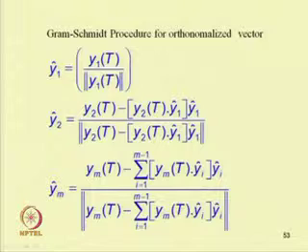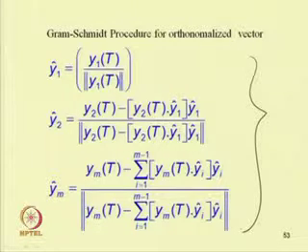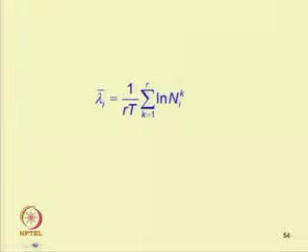So, one can use this orthogonalization: y1 is normalized to be 1, then y2 can be written by using this expression, where this dot is the dot product. By using these expressions, one can find this for the rth iteration. One can find lambda_i equal to 1 by r t, sum over k equal to 1 to r of ln n_ik.